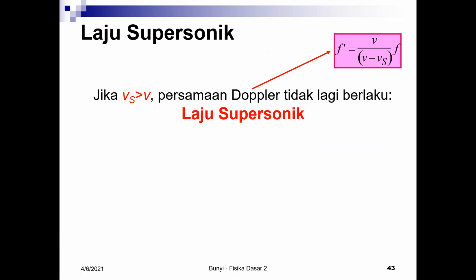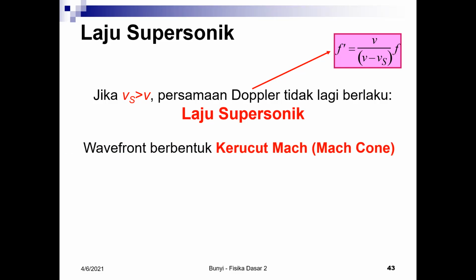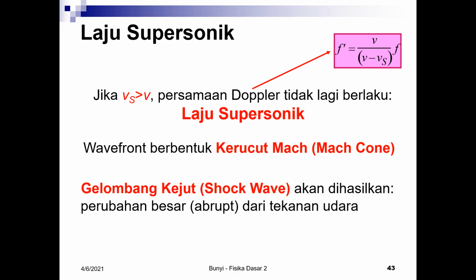Artinya efek Doppler untuk benda yang kelajuannya melebihi kelajuan suara di udara tidak berlaku lagi. Ini disebut laju supersonik. Muka gelombangnya akan membentuk kerucut yang disebut kerucut Mach, terkait dengan gelombang kejut atau shock wave.